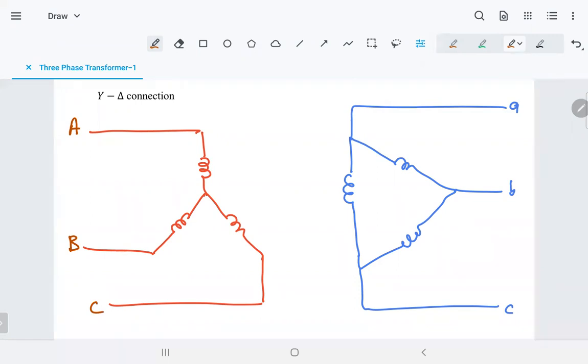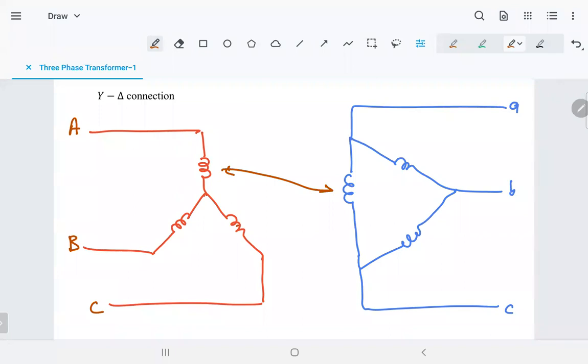The reason I drew the delta in this way is that each winding of each transformer is coupled with the secondary. So I make it parallel so I can tell you that this one and this one are coupled, that they are parallel. And this one is coupled with this one, and this one with this one. That's why I sketch it in this way, because the original, as I showed you, is a three-phase transformer, so you know which winding. Anyway, how can you analyze it?